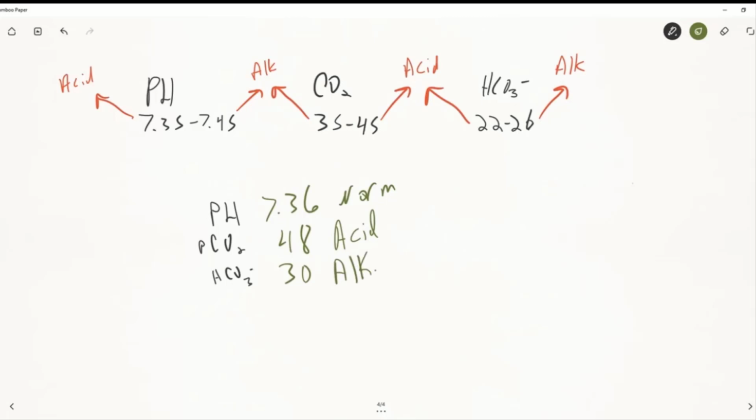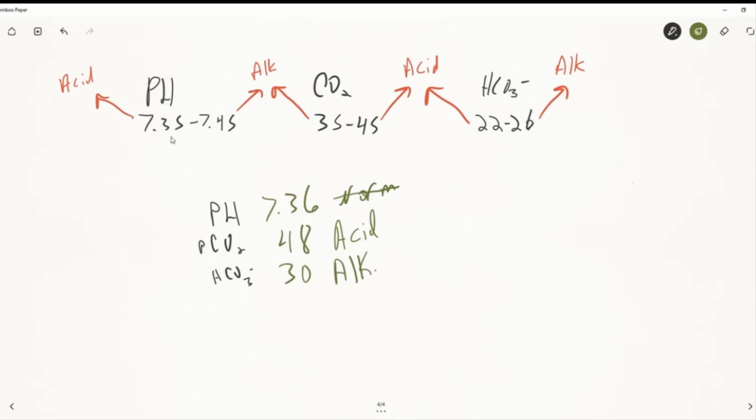Well, that's a special scenario. So there's a few things that we have to do differently. Let's go back and we see that since these two are both abnormal, now we're going to drop back and look at our pH again. Even though pH is normal, the other two are abnormal, so that means something is up. Instead of allowing that to be normal, we go right back up and see 7.36. Yes, it's within the normal range.